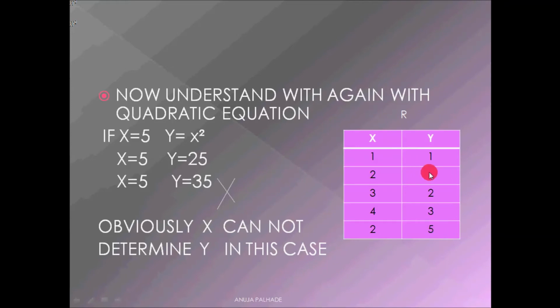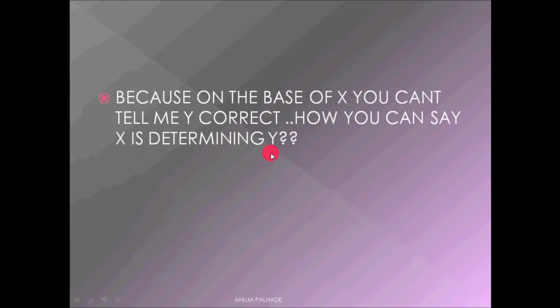Either we should write the 5 here, then we can say x can determine y for this particular relation. Because on the basis of x, you can't tell me y, you can't say x is determining y.